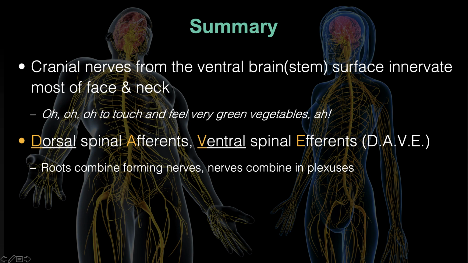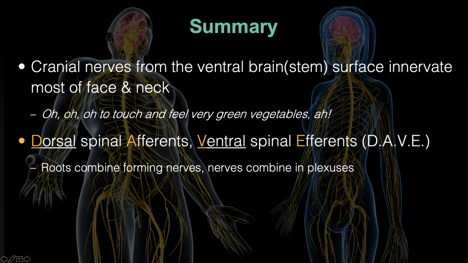As we moved inferior in the body, into the spinal cord, we looked in general at the organization of white and gray matter, the rootlets and spinal roots, how they combine to form nerves. We acknowledge the one-way directional flow of information at the spinal cord proper.